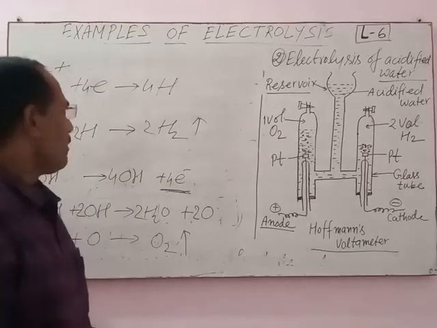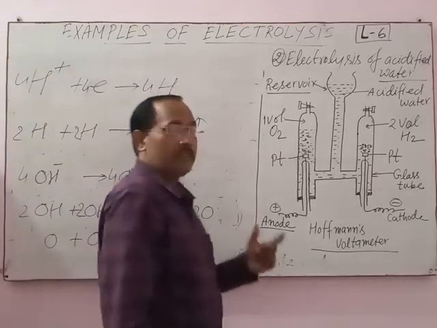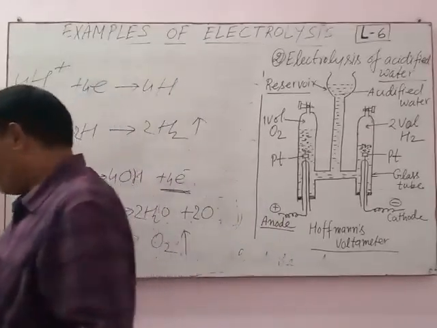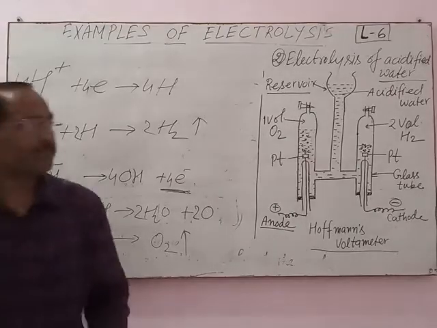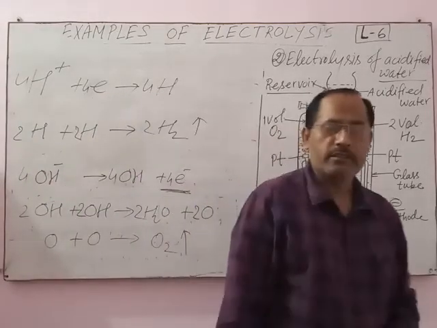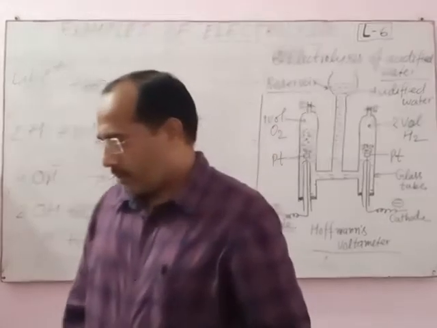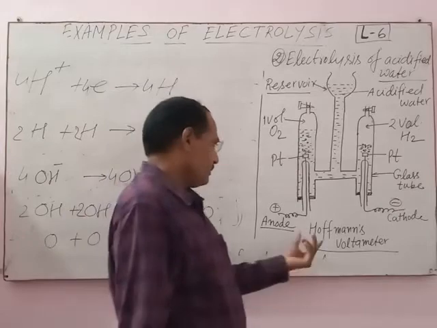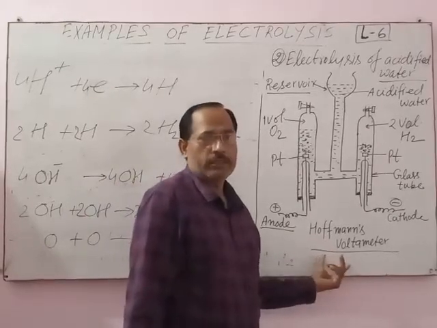Once again, I repeat, the electrolysis of molten lead bromide and also the electrolysis of acidified water. In case of acidified water, the apparatus used is known as Hofmann's voltameter.